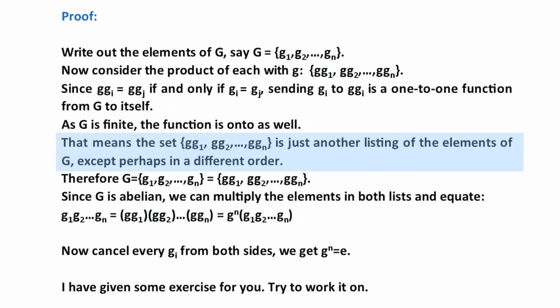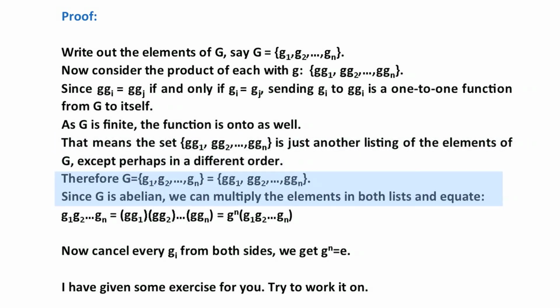That means the set gg1, gg2 up to ggn is just another listing of the elements of G, except perhaps in a different order. Therefore, the product of elements of G is g1, g2 and so on up to gn, which is equivalent to gg1, gg2 and so on to ggn.